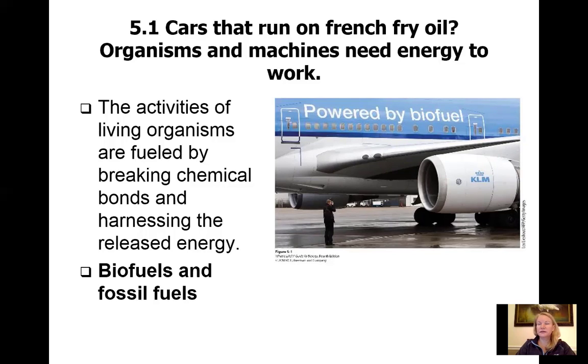Some of the pros is that we're not depleting all of our fossil fuels, but remember, it does take energy to grow the crop and land and all of those cons, all those things that aren't the best reasons to use biofuels. It takes a lot of energy to grow that. And if you're using fertilizers and pesticides, that's all factored into the con part of using biofuels.